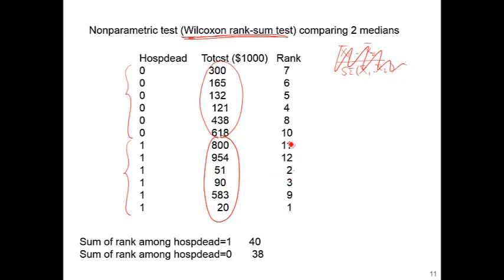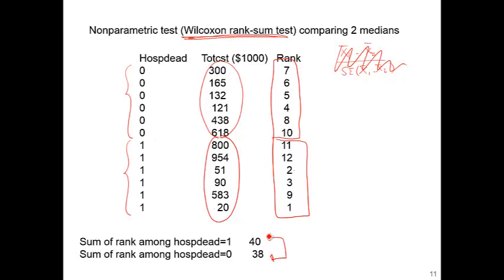And you repeat this up to the highest point of 954, which is rank 12. And then you compute the sum of the ranks within group 1, the survived group, and the sum of the ranks within the deceased group. And then you compare these two sums of the ranks.